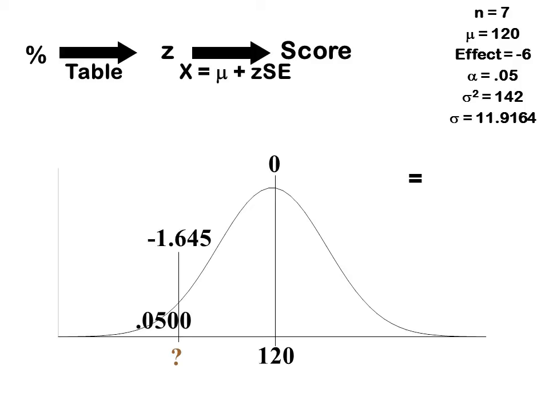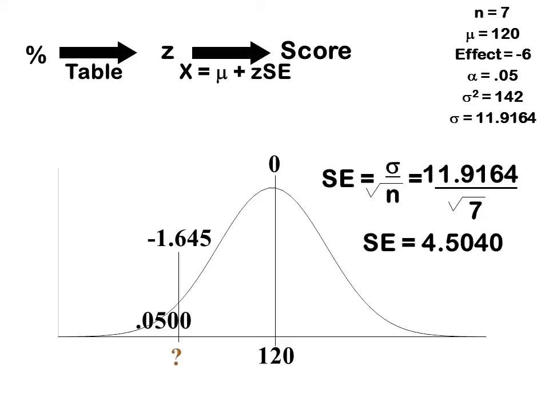Now we can go from our z-score to our raw score using the same equation. First, we have to find our standard error. And remember, our standard error is the standard deviation, which we now know is 11.9164, divided by the square root of n, which we know is 7. And when I calculate that, I get the standard error is equal to 4.5040.